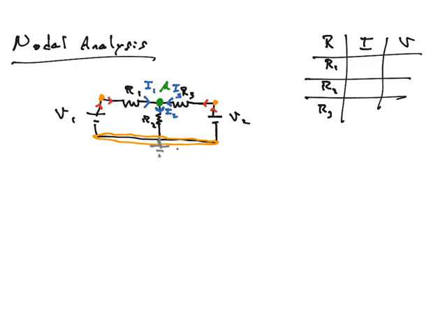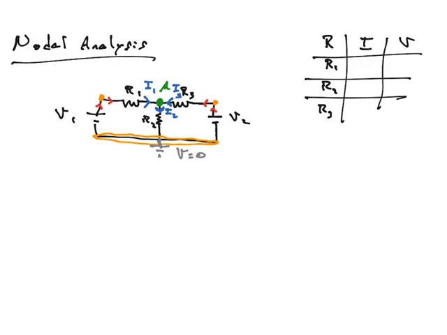And a ground just means I know the voltage is 0 at this point. And again, it might not actually be 0. It might be something. But what I'm calculating is the voltage at this location, or the current at this location, is this much relative to that point being 0. Okay.